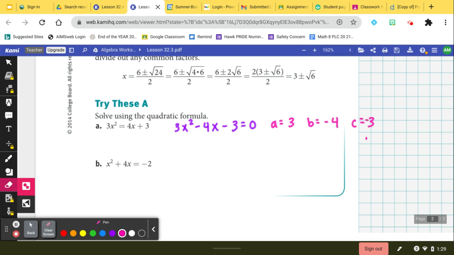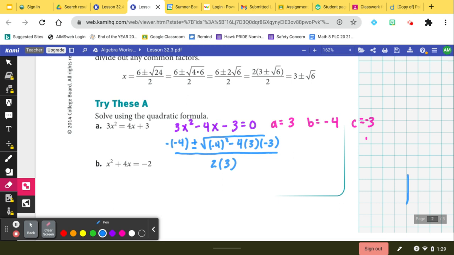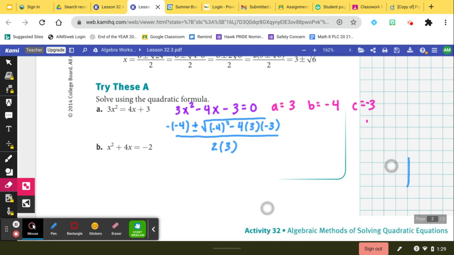So now plugging that into the quadratic formula, we get negative b, so negative 4, plus or minus the square root of b squared minus 4 times a times c, all of that over 2 times a. Now we just need to simplify.